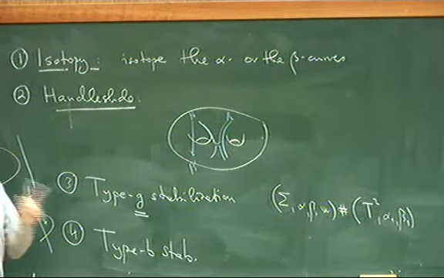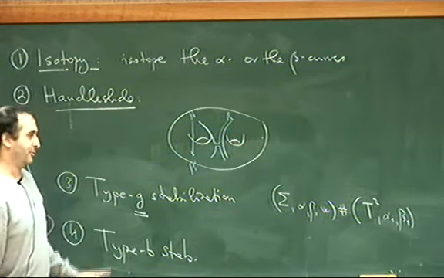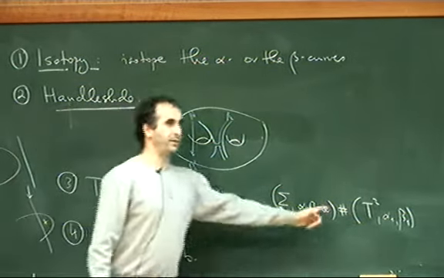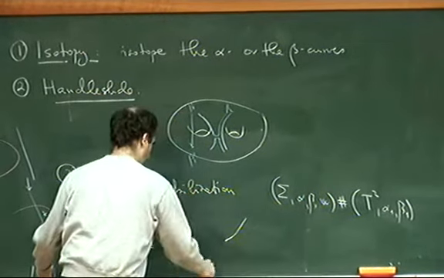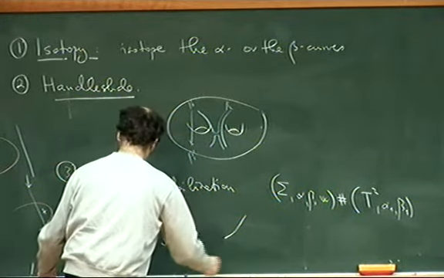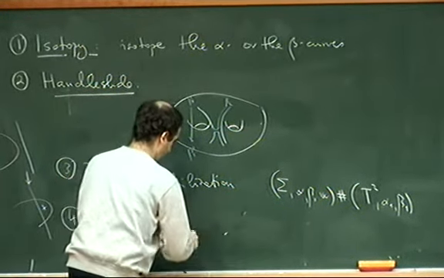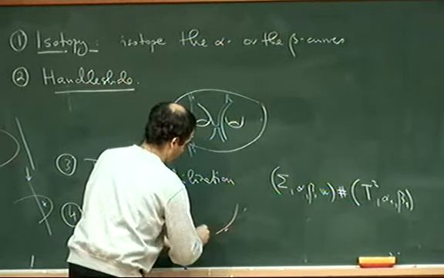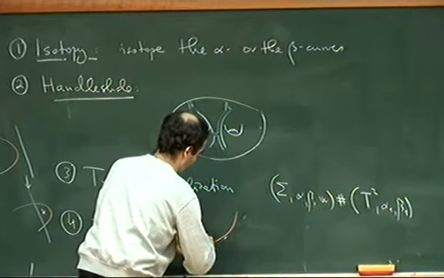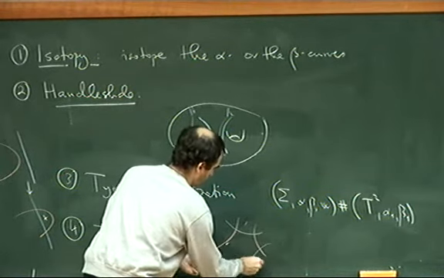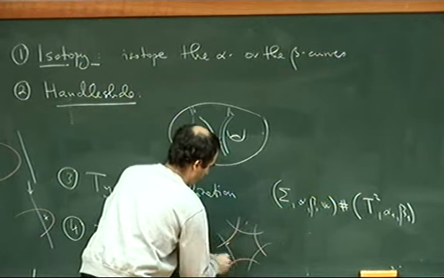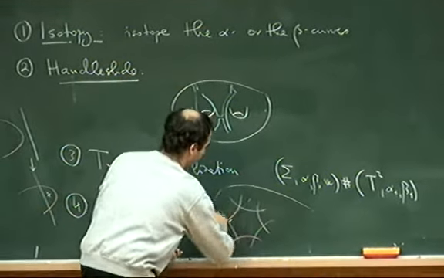And finally, there is a type B stabilization, where I don't touch the genus, but I increase the number of base points, namely in one domain. So I will just draw something like this.